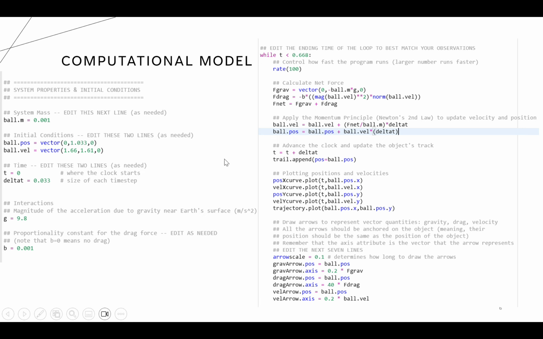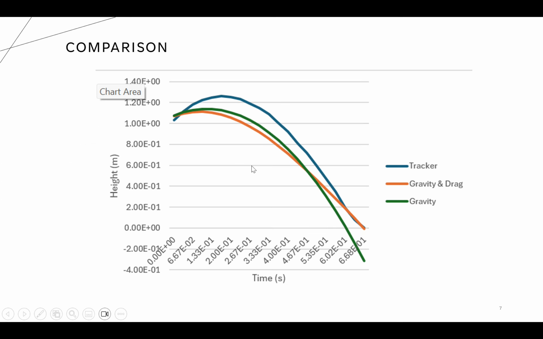This is the computational model that has gravity and force drag. And for the computational model that just had force of gravity, I just deleted plus force drag right here. So FNet is only comprised of force gravity.